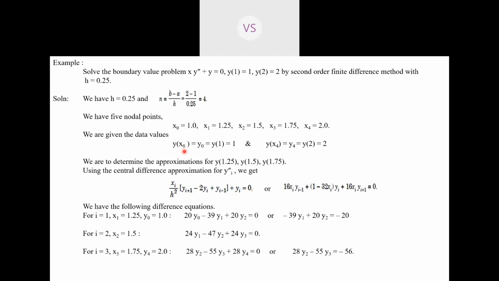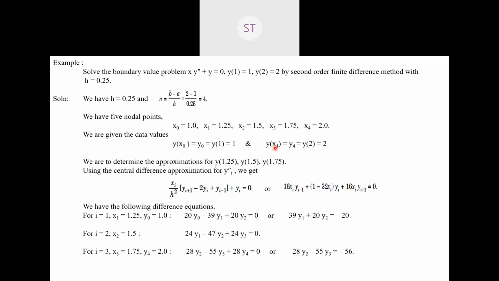When x is equal to x0, y is equal to y0. So when x is equal to 1, the value of y is given as 1. Here you can see when x is equal to 1, the value of y is given as 1.